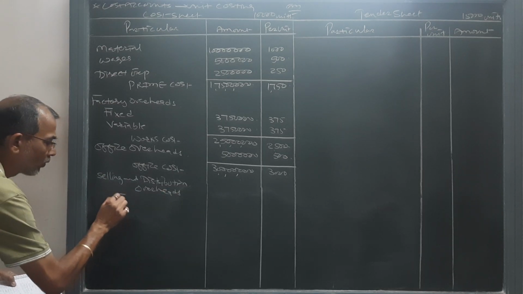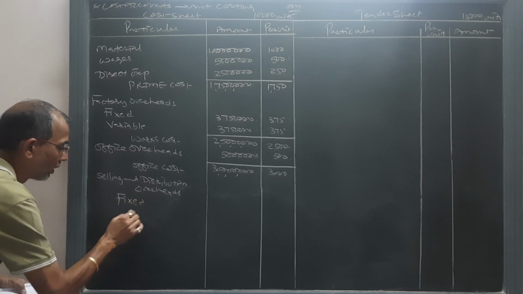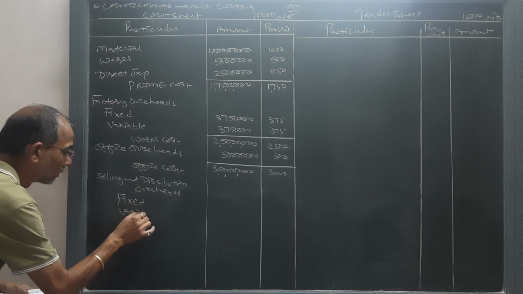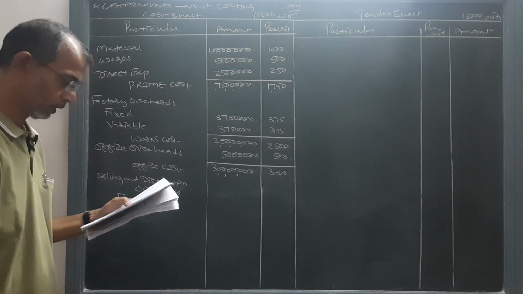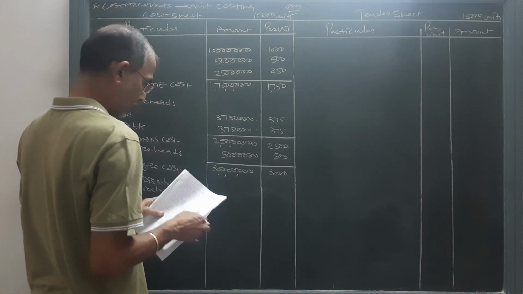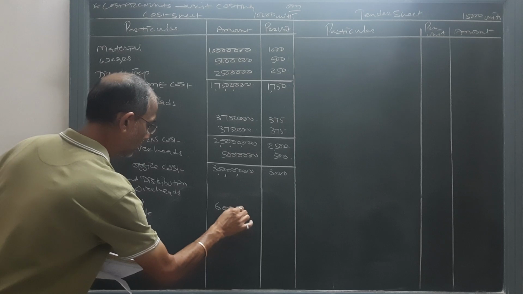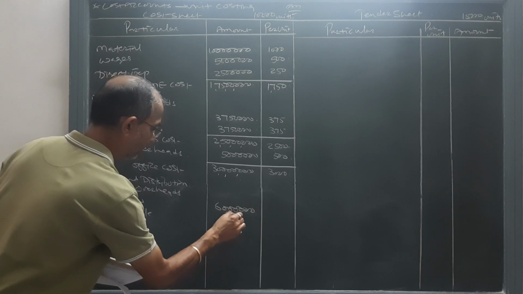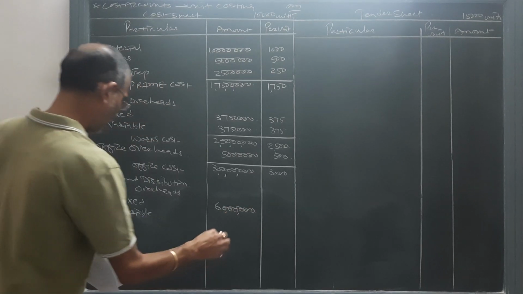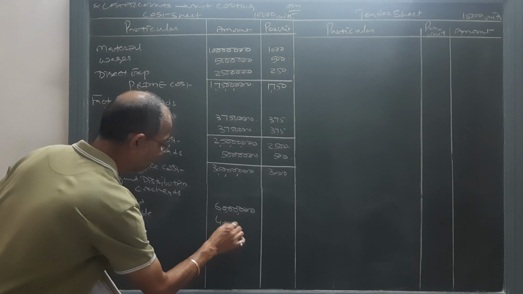Now those are also fixed and variable. 60 lakh are fixed and 40 lakh are variables.